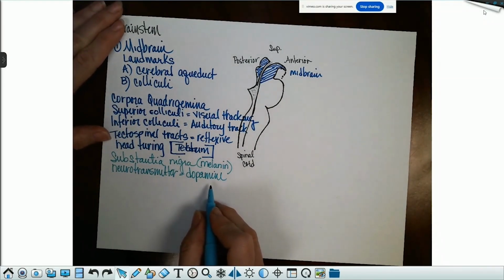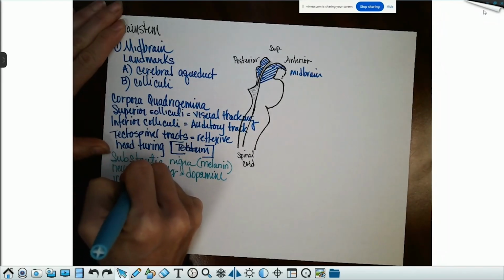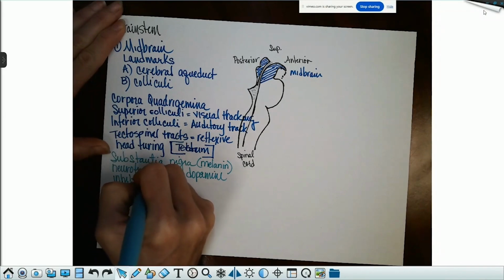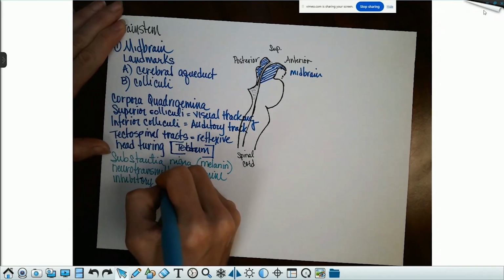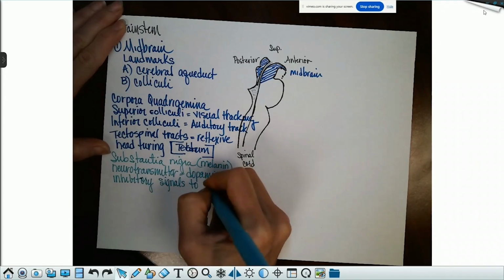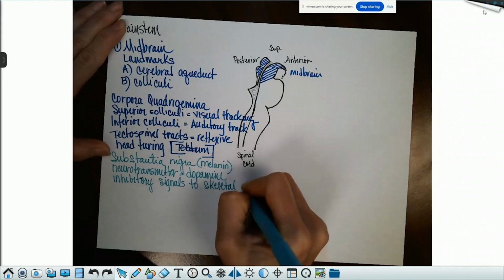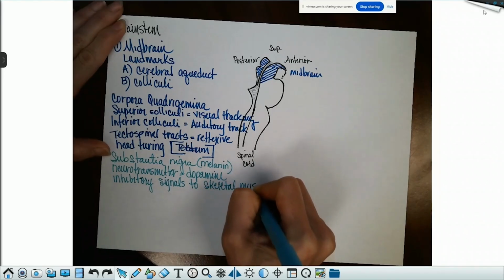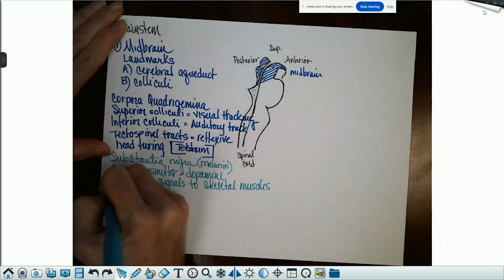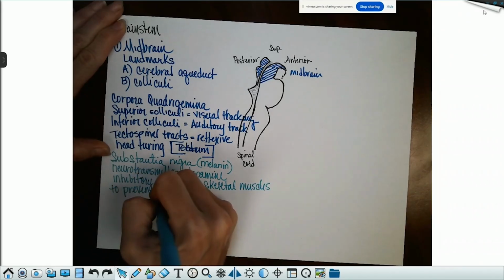Dopamine in this portion of the brain is inhibitory. It inhibits signals to skeletal muscles to prevent competing movements.